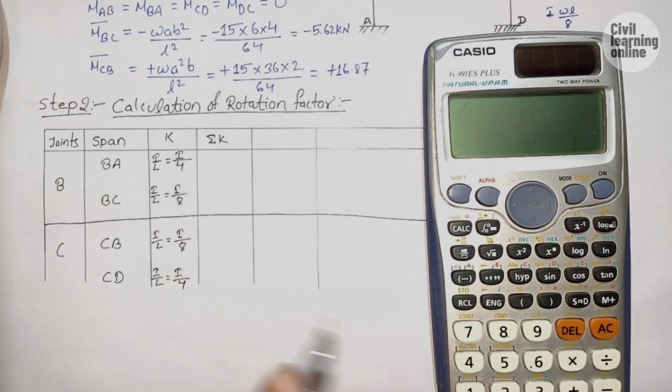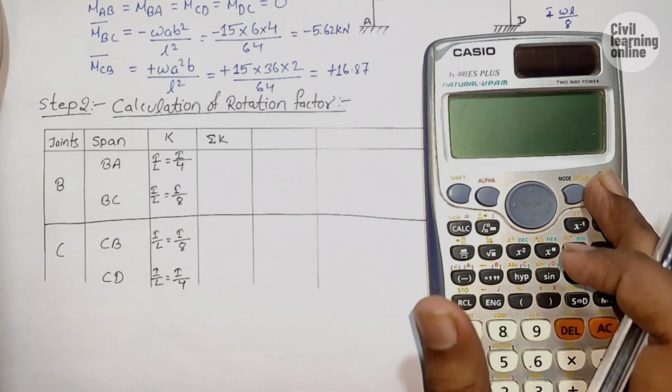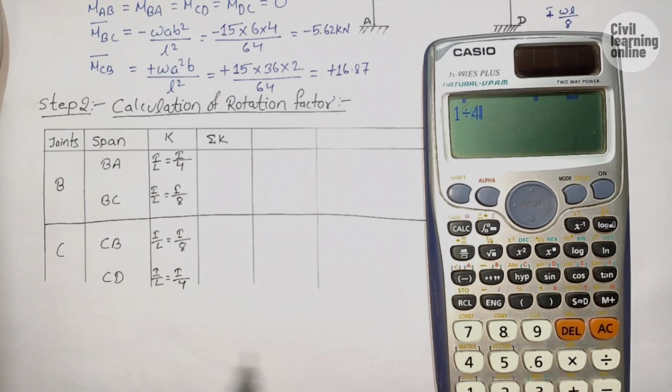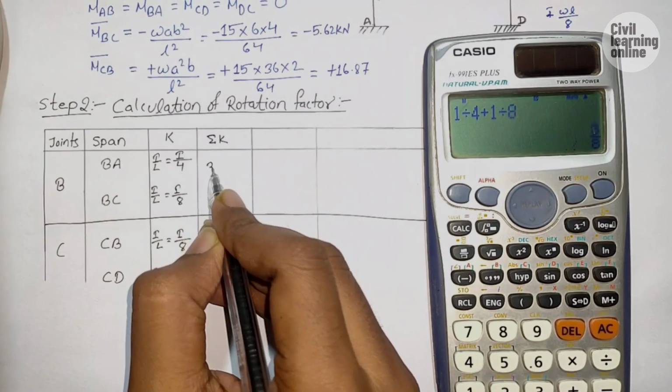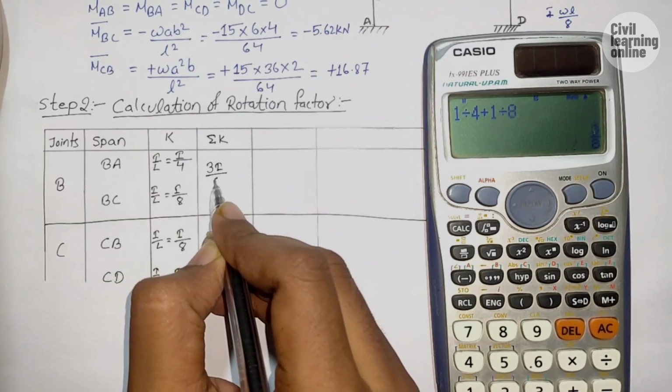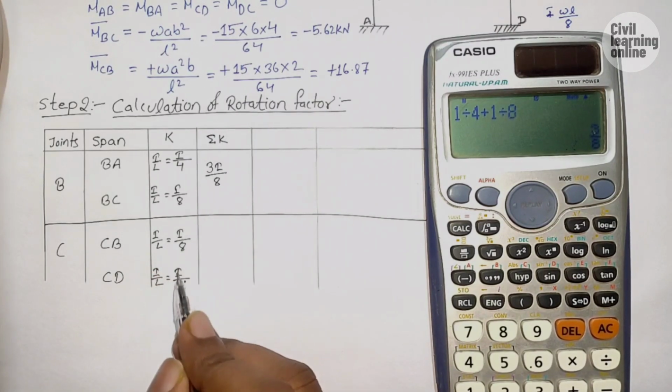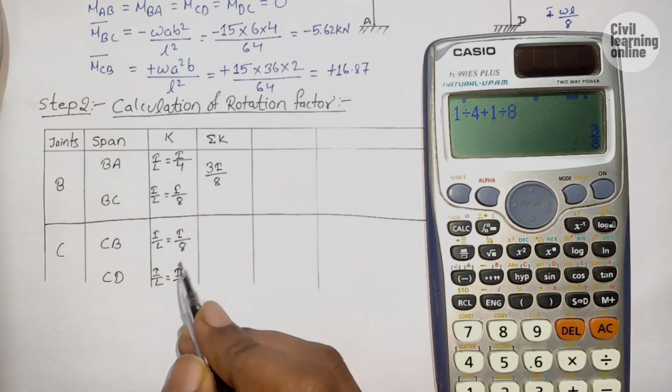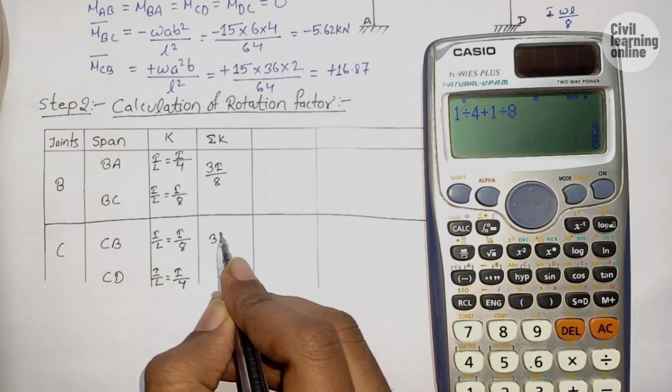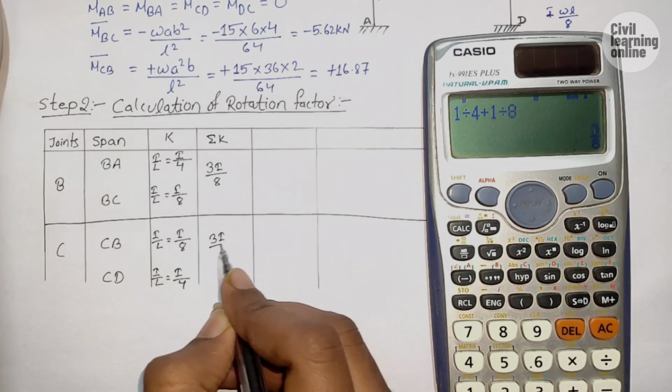Here it is I upon 4, meaning 1 by 4, plus this is I upon 8, 1 by 8. We get 3 by 8, meaning summation K will be 3I by 8. Now add these two values, they are the same, so again we will get summation K equal to 3I by 8.